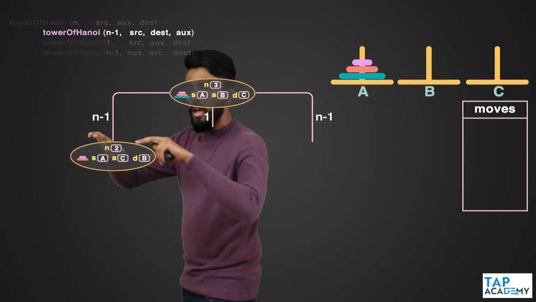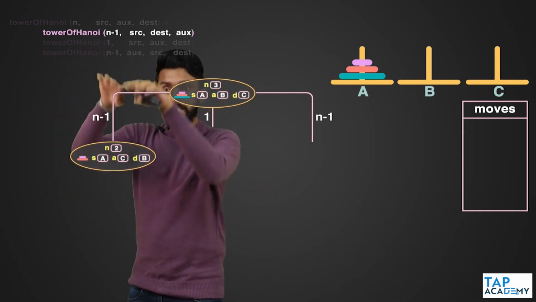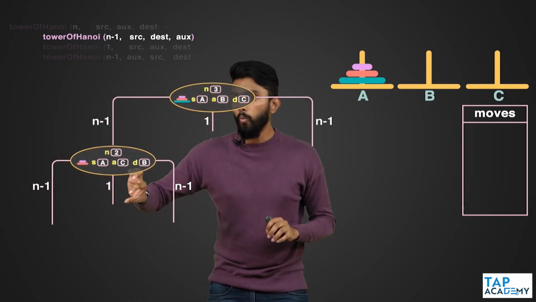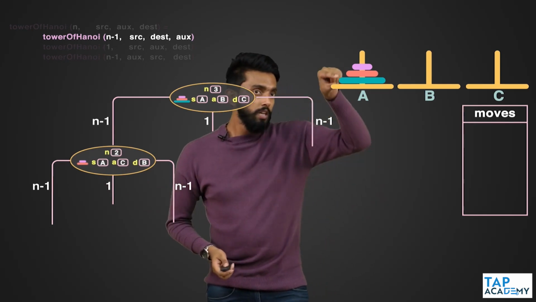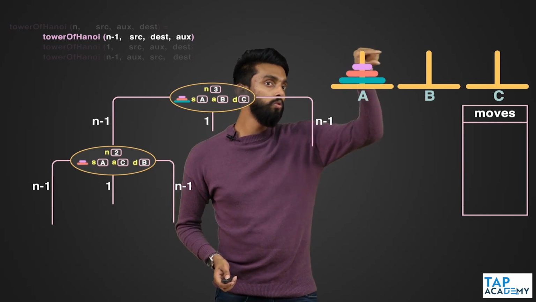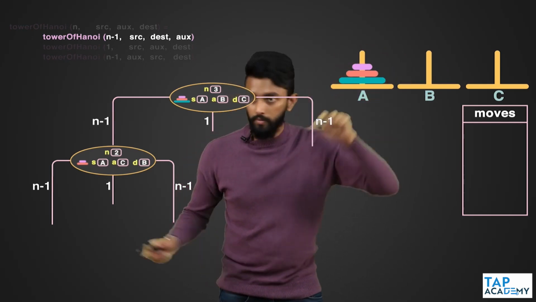Any confusion? Now, again you call this Tower of Hanoi, which means again inside 3 recursive calls will happen. So 3 recursive calls. N minus 1, 1 and n minus 1. Which means if I wanted to move 3 disks here, first I said I will move these 2 disks here. Then I am saying here, I will move this 1 disk here. That is what I am saying.